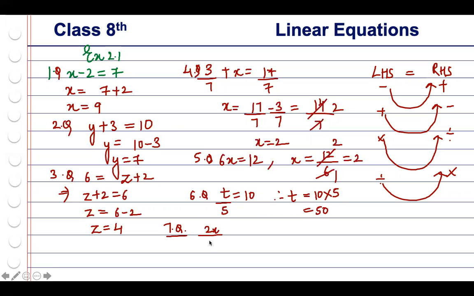The seventh question is 2x upon 3 is equal to 18. First I take this 3, which is in division here. When it goes to this side, it becomes multiplication. 2x is equal to 18 into 3. Now this 2 is in multiplication here, so when I take it to the other side, it becomes division. Therefore, x is equal to 18 into 3 upon 2. 2 1s are 2, 2 9s are 18.